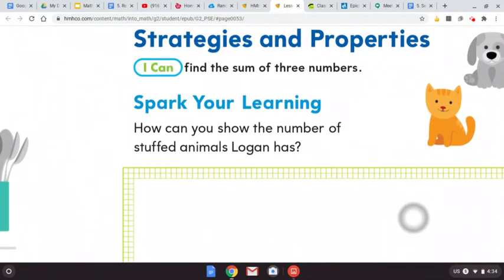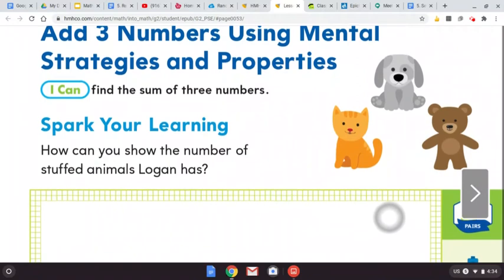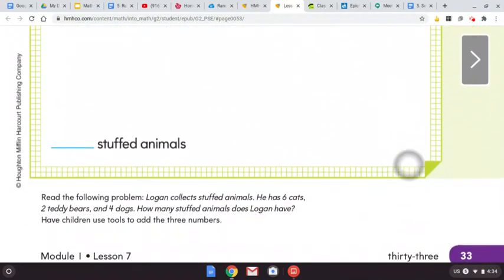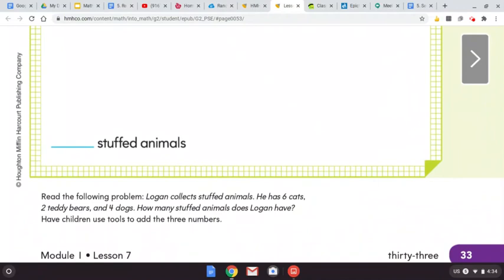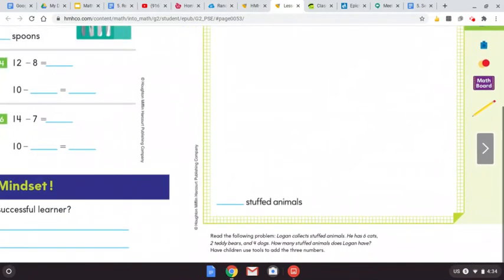Get in mind, this is about stuffed animals. Think about your favorite stuffed animals and how many you might have. Logan collects stuffed animals. He has 6 cats, 2 teddy bears, and 4 dogs.